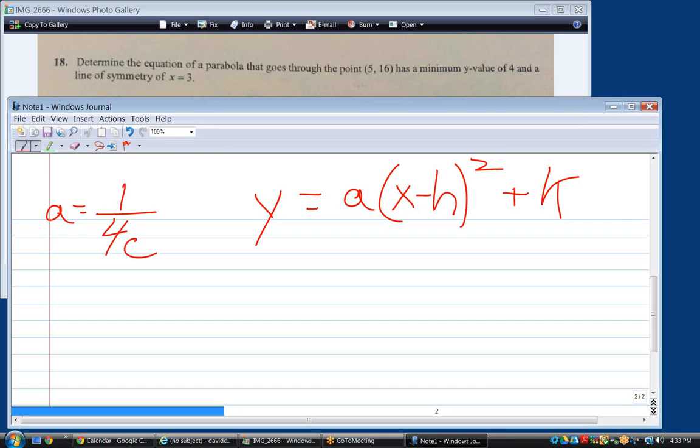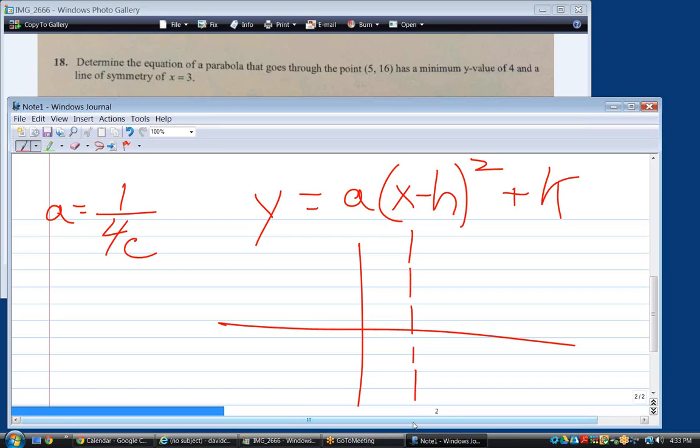Determine the equation that goes through that point and has a minimum y value of 4 and a line of symmetry of x equals 3. Put our line of symmetry on there.